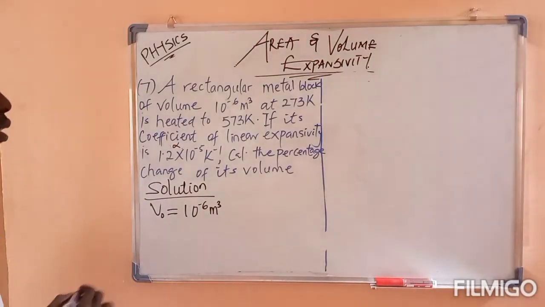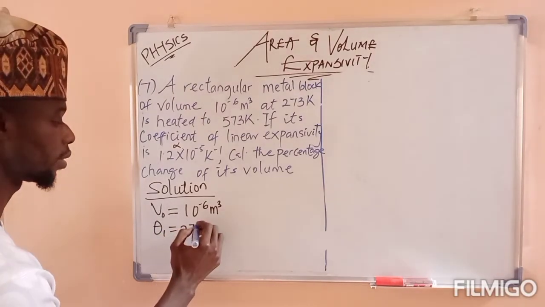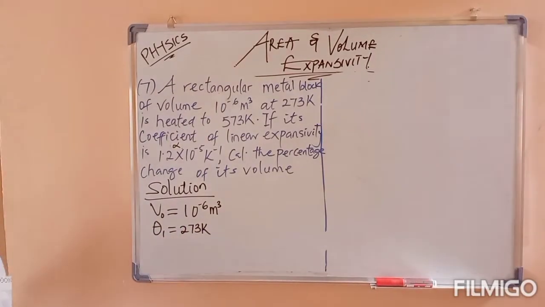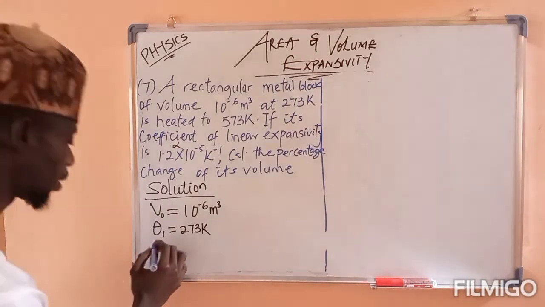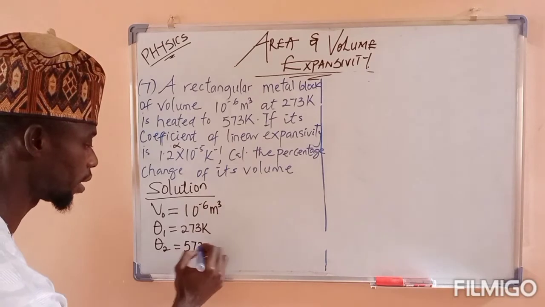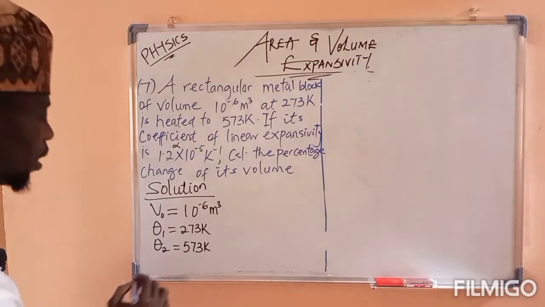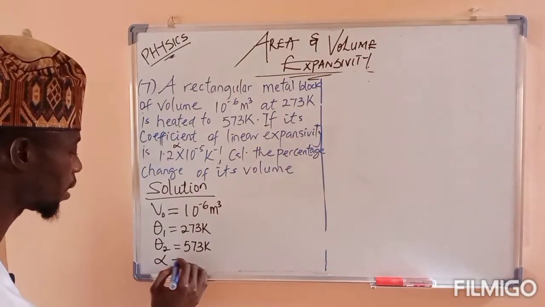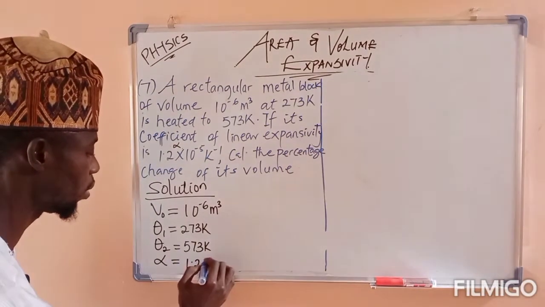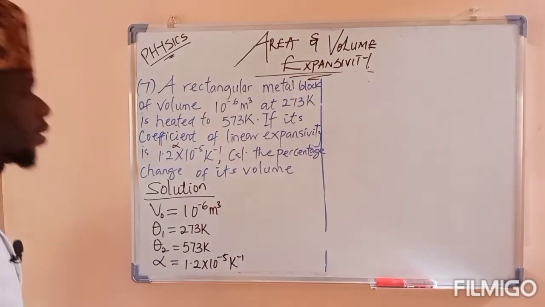Then the initial temperature, theta 1, is 273 Kelvin, and the final temperature, theta 2, is 573 Kelvin, and we are given what? The coefficient of linear expansivity, which is 1.2 times 10 raised to power minus 5 per Kelvin.